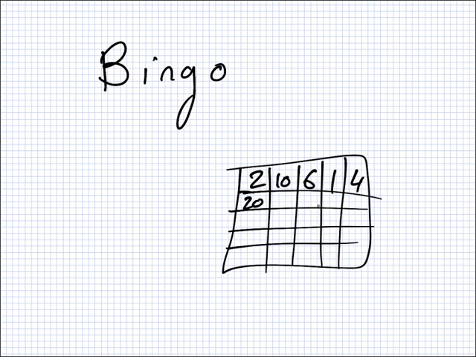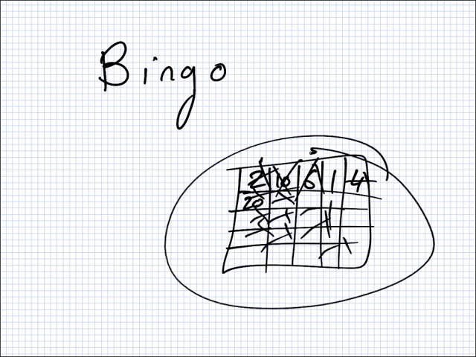Well, then I say a number. So I might say 10, and if you have 10, you cross it. Then maybe I'll say 6, then maybe 5. And you keep crossing them all. When they're all gone, what do you say?